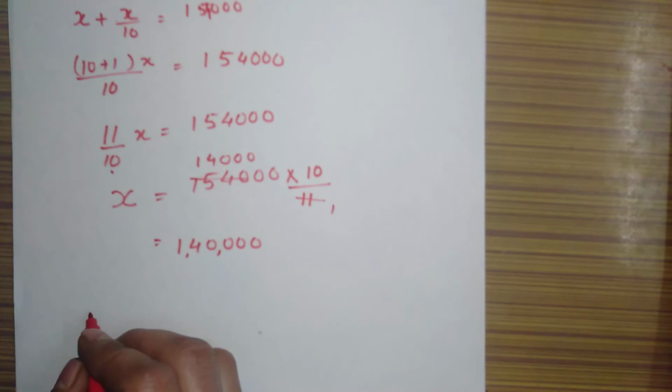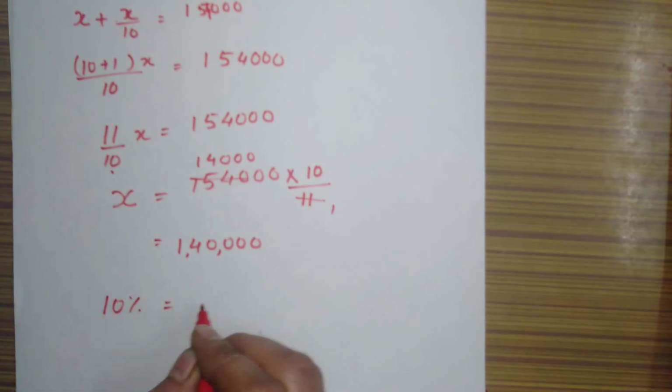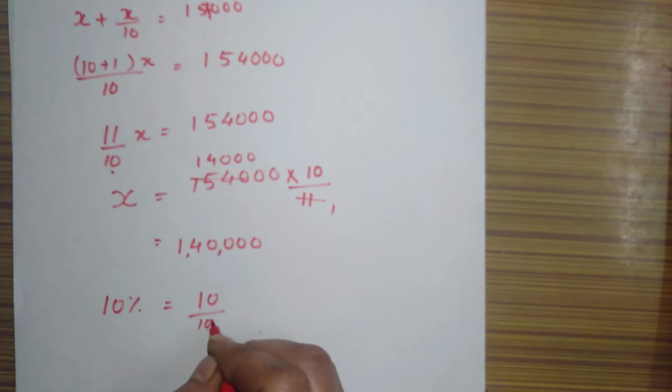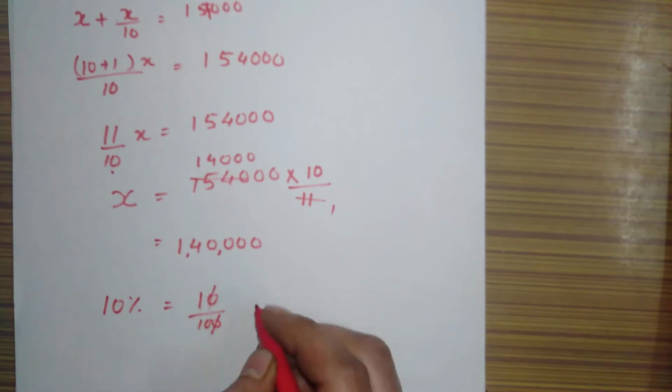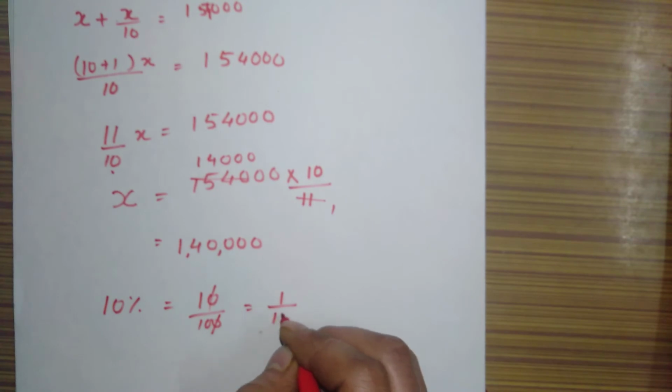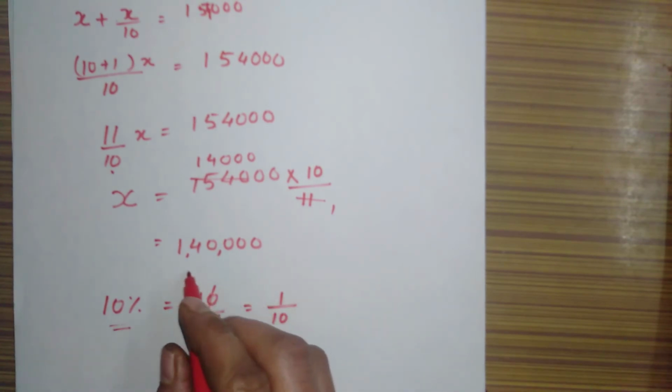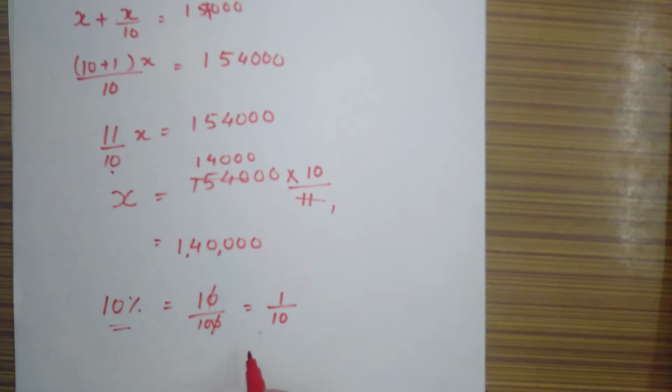And then 10% increase. You can just see that 10% means 10 upon 100, and 10 upon 100 means 1 upon 10. To find out 10% you have to just divide that number by 10. आपको उस नंबर को 10 से डिवाइड करना है.